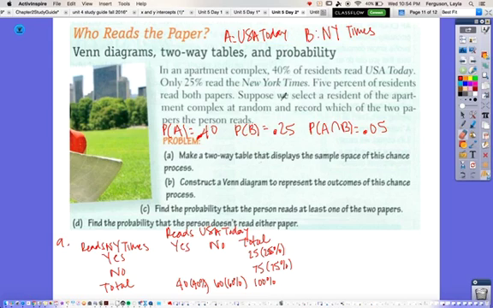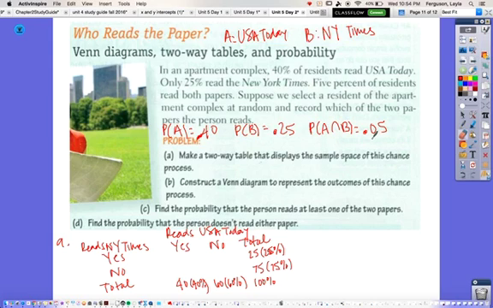All right, the next thing that I can tell. Probability of A is the USA Today. So we already said that that was 40% in my yes column. Probability of B, the New York Times, is 0.25. So I know that that's yes, 0.25.